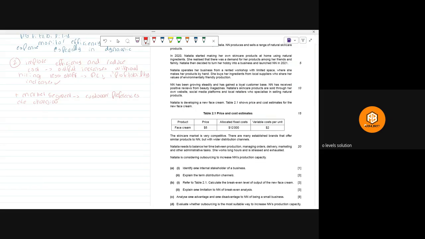So by segmenting the market, for example, by lifestyle, or you can say income, CB could specifically target the health conscious customer.